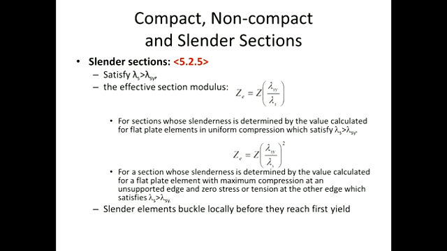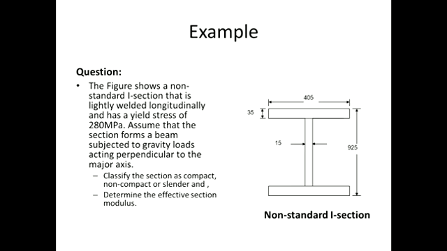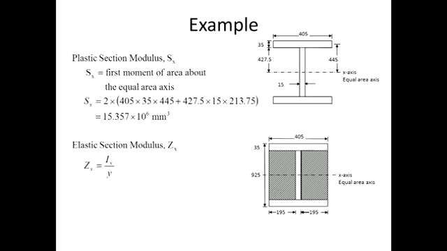So this is the I section bending about the minor axis, which we looked at earlier on. And as far as the behavior is concerned, we are expecting all the slender elements to buckle before we even reach first yield.